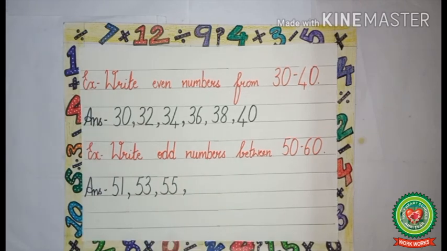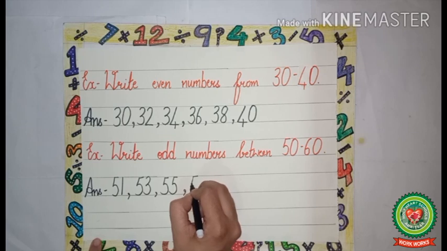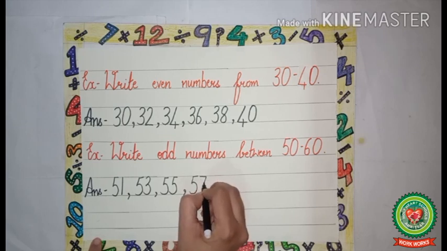After 55, 56. 6 comes in the table of 2, so even number. After 56, what comes? 57. And 57 is an odd number as 7 does not come in the table of 2. So we will write 57 here.